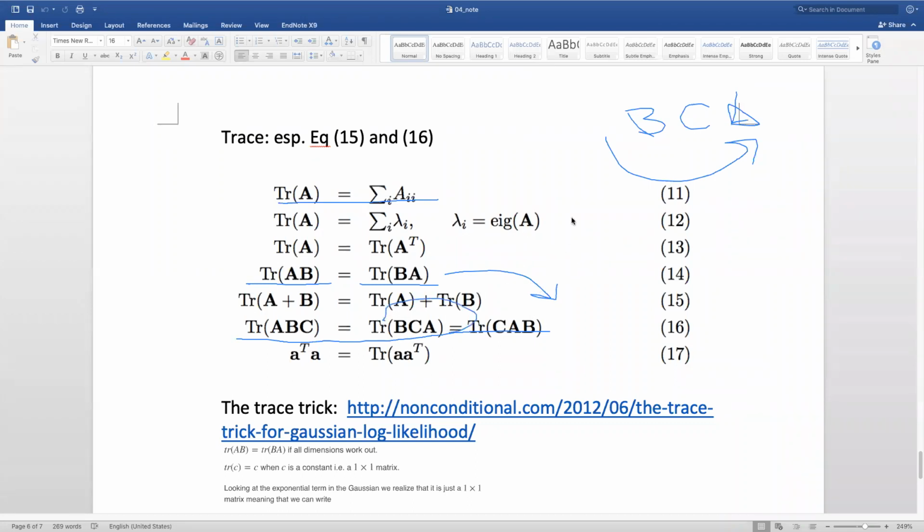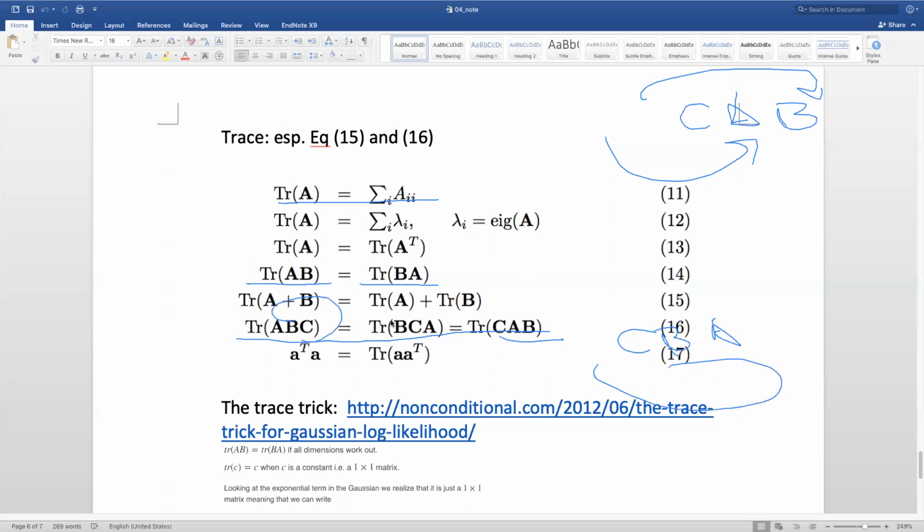You can further move B to the front, and so on. It's a circular way. Of course, there are some restrictions. CAB is fine, but CBA is not, because you cannot get there in a circular way. So that's the circular rule.